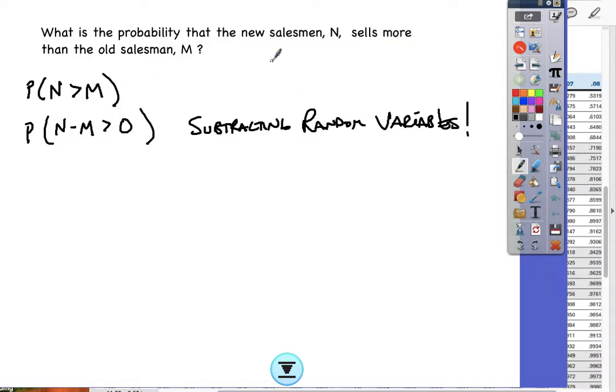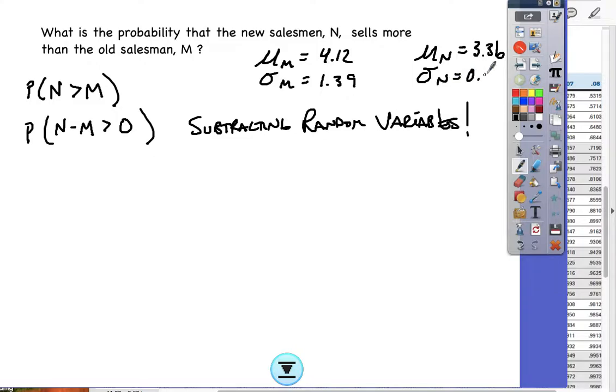So just as a little reminder, the mean of M was 4.12. The standard deviation of M was 1.39. The mean of N was 3.36, and the standard deviation of N was 0.88.